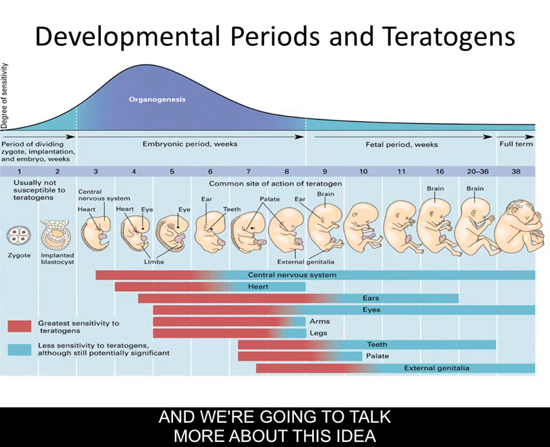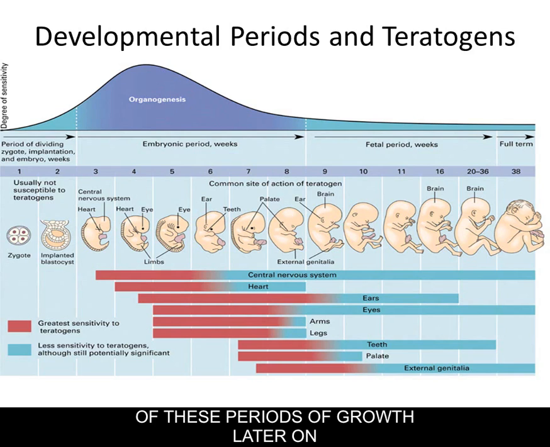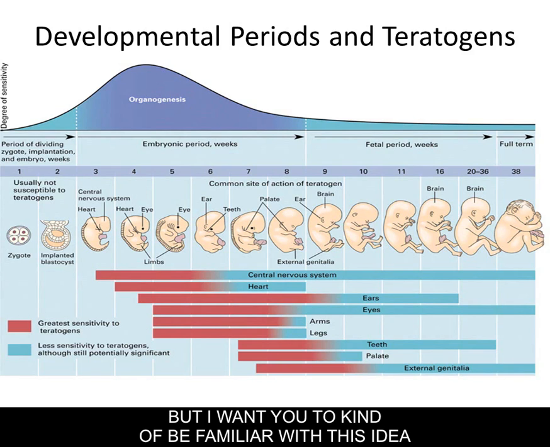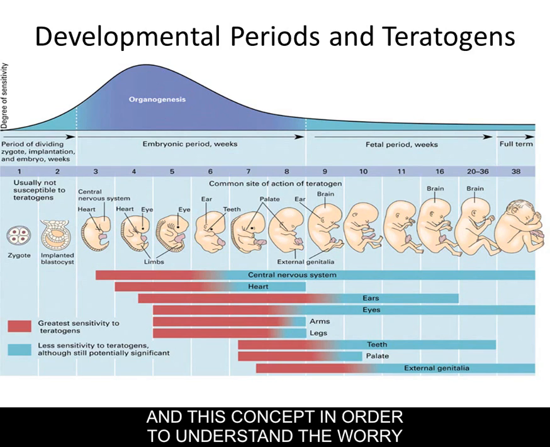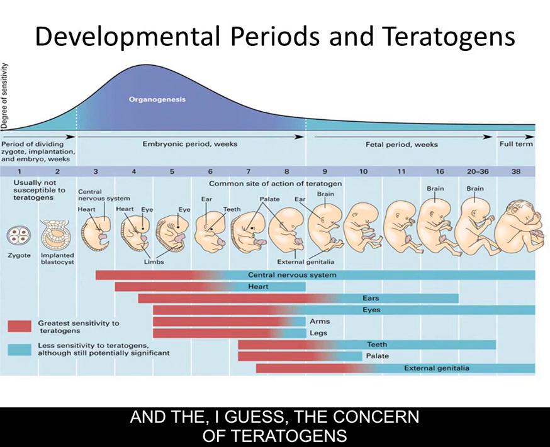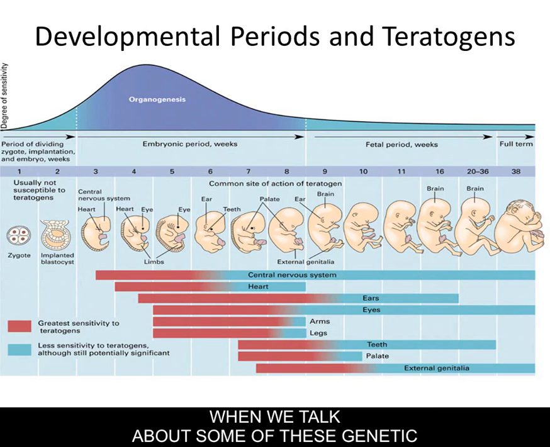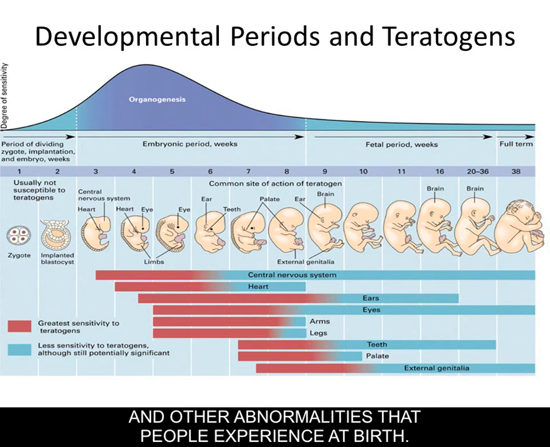And we're going to talk more about this idea of these periods of growth later on, but I want you to be familiar with this concept in order to understand the worry and the concern of teratogens when we talk about some of these genetic and other abnormalities that people experience at birth.